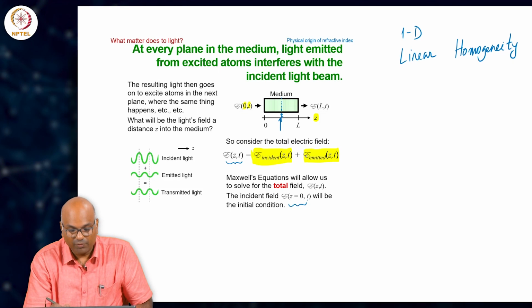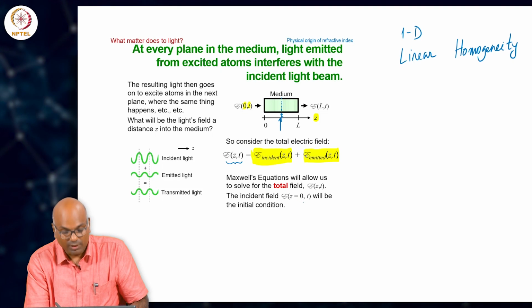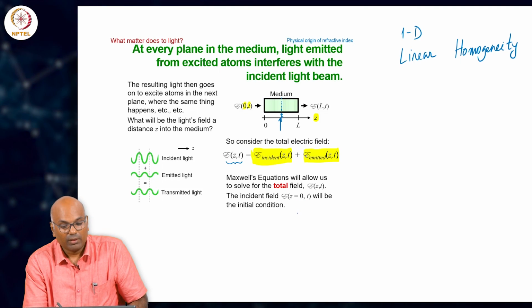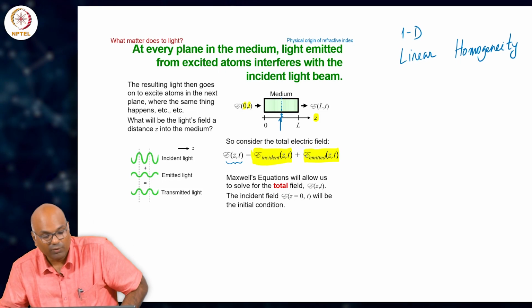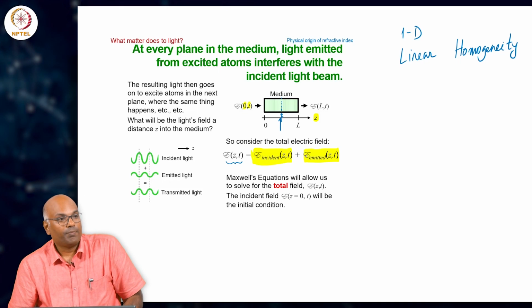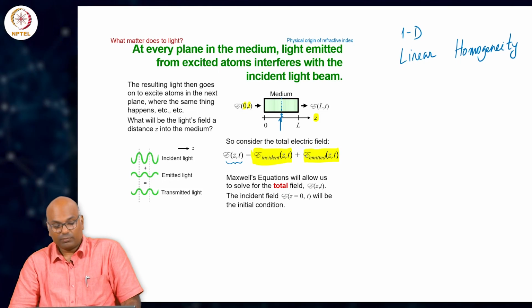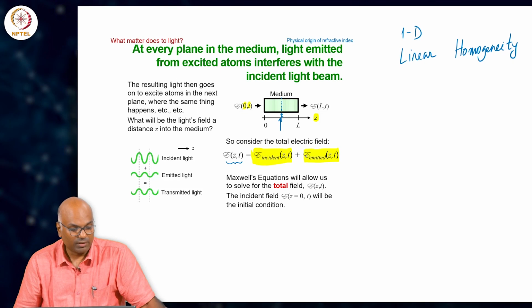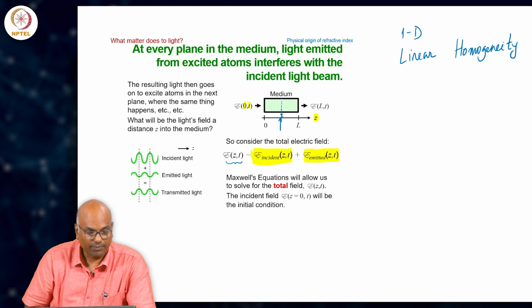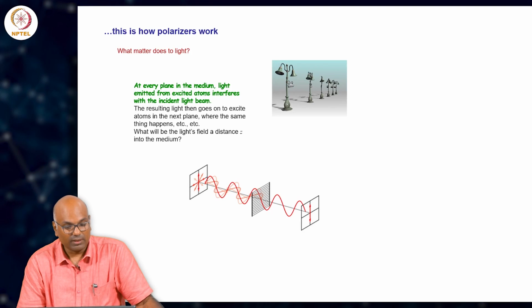So, if we know E at z equal to 0 and t, we will be able to figure out E for any value of z. That is the philosophy of undertaking this study.